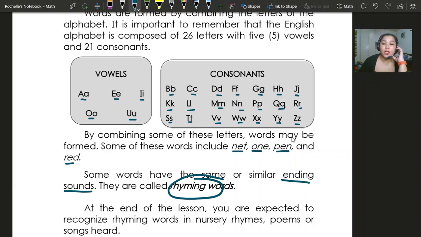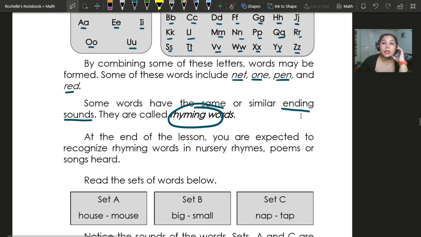So if in mother tongue, we already discussed that during the first quarter, which is called rima, and in Filipino, a bit of that, which is called tugma. So at the end of the lesson, you are expected to recognize rhyming words in nursery rhymes, poems, or songs heard. So this is very common.